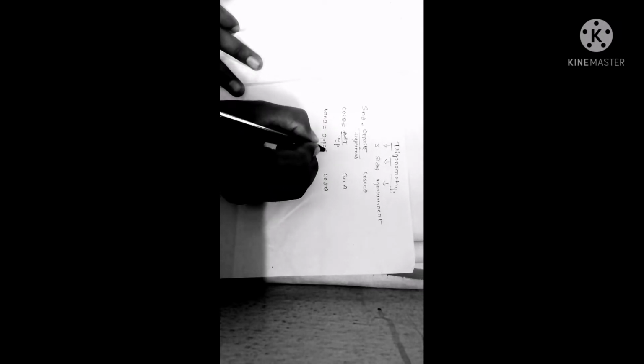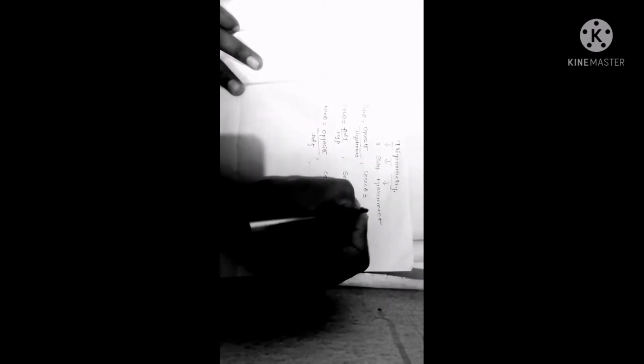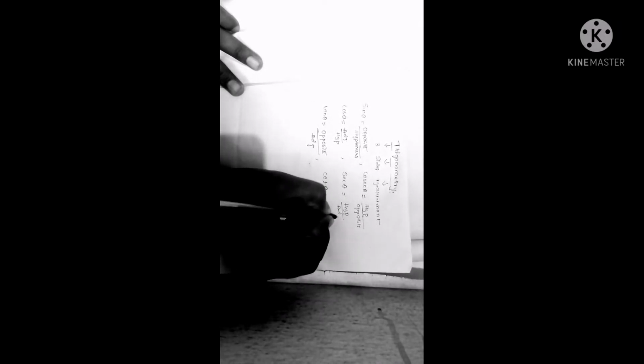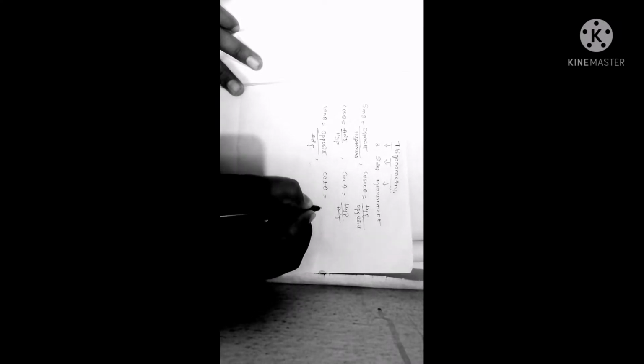To define tan: opposite by adjacent. Next, for cosec theta: hypotenuse by opposite. For sec theta: hypotenuse by adjacent. For cot theta: adjacent by opposite.